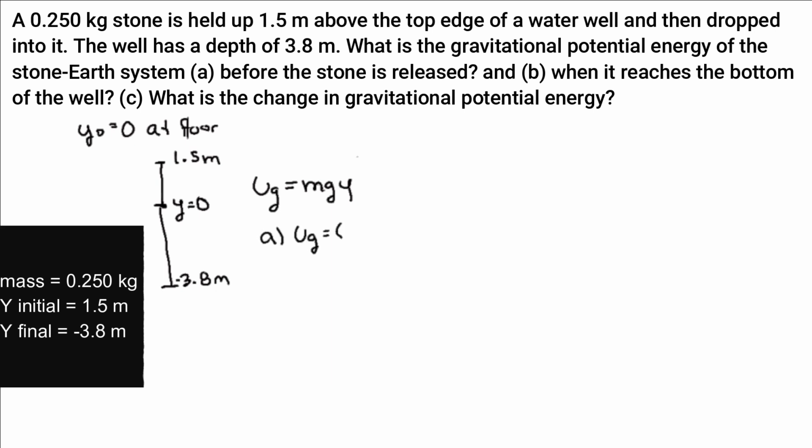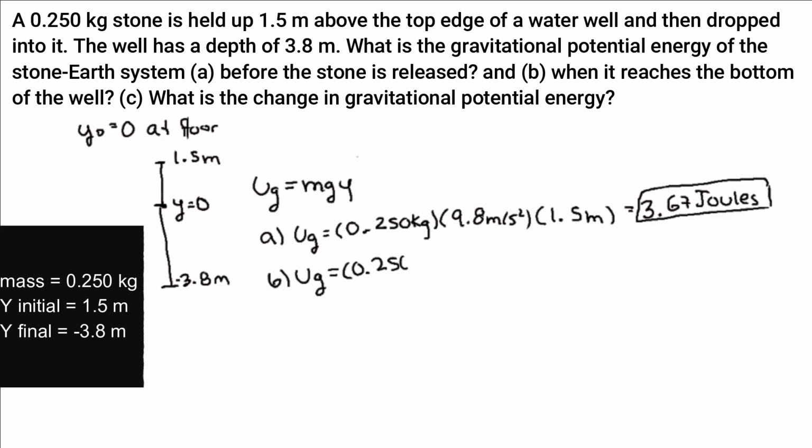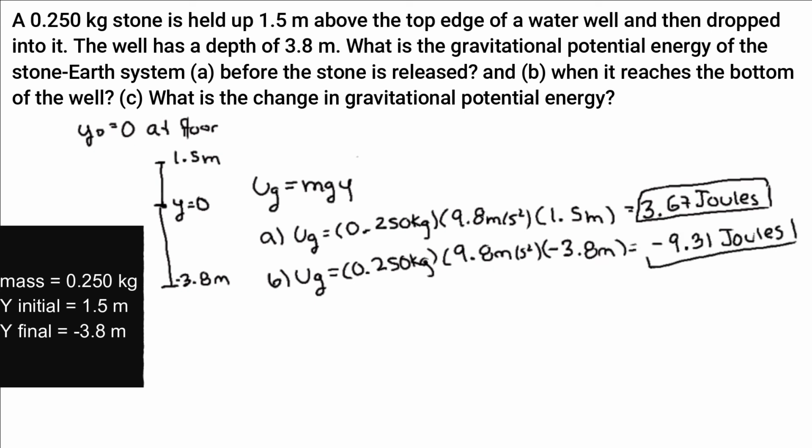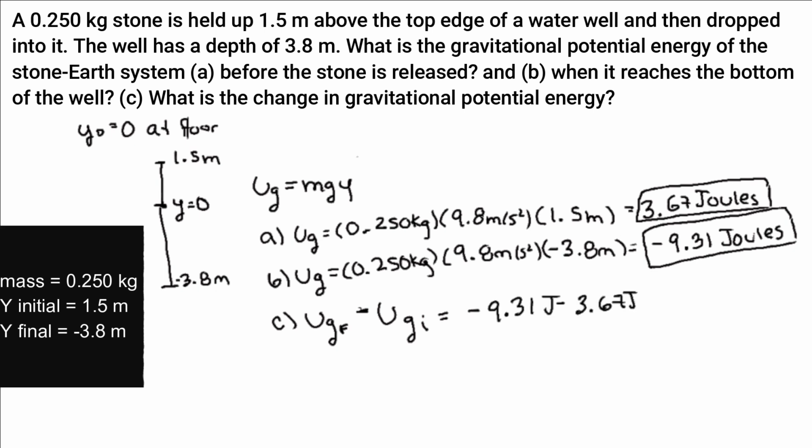So we can now just calculate m times gravity times height. Now that we have solved for A and B to get the change in gravitational potential energy, we know it is final potential energy minus the initial, and the change will equal minus 12.98 joules.